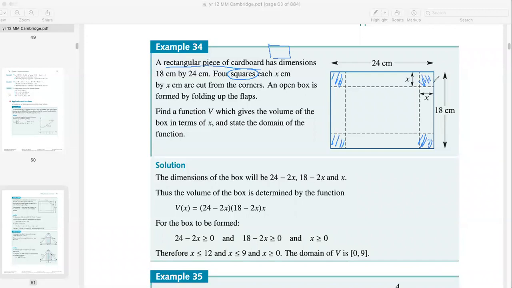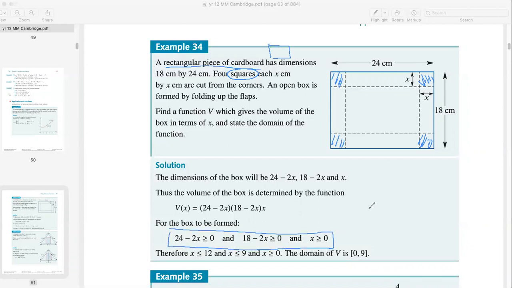Okay. So then our box is going to have length 24 minus 2x, width 18 minus 2x, and height x, okay? And just make sure for every part, if the box is to be formed, we have to satisfy the situation.